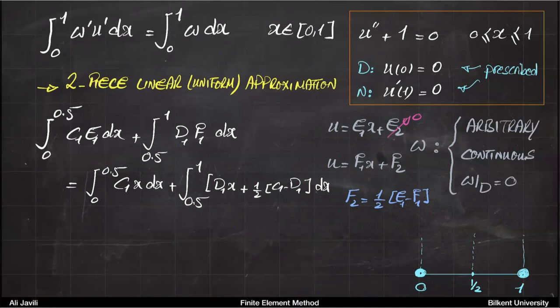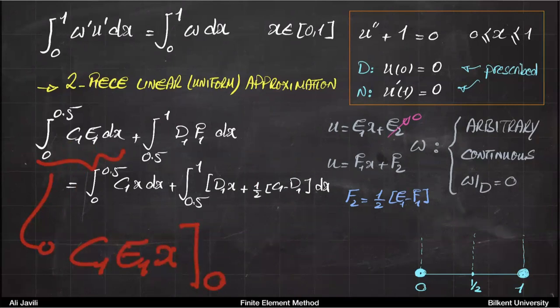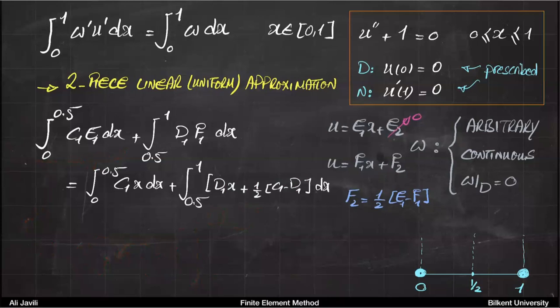So if you want to calculate these integrals, it's pretty simple. So here you get c1 e1 x. So basically this term altogether gives you c1 e1 x from 0 to 0.5. So that gives you 1/2 of c1 e1. Okay, so that's the first term.